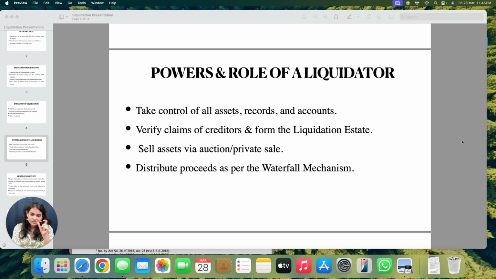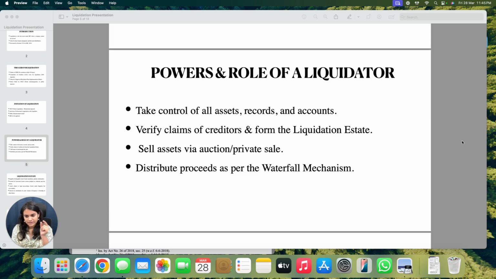So once the claims are verified, the liquidator holds a slightly varied position in claim verification than a resolution professional or an IRP. He is empowered to adjudicate the claim amount. He may either reject it or accept it.